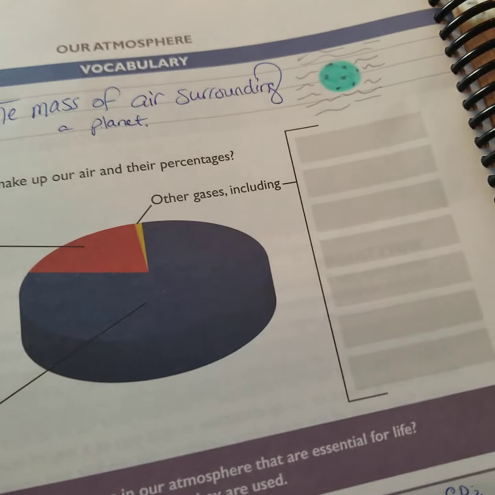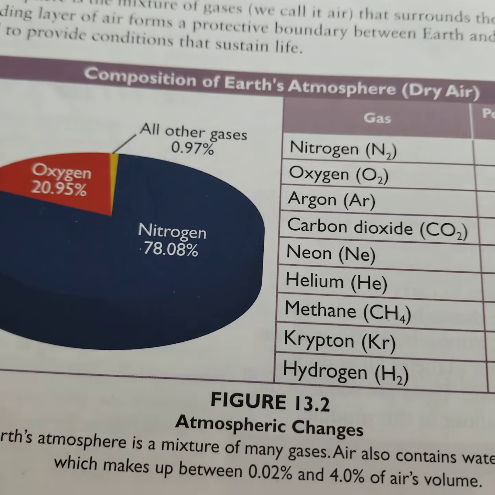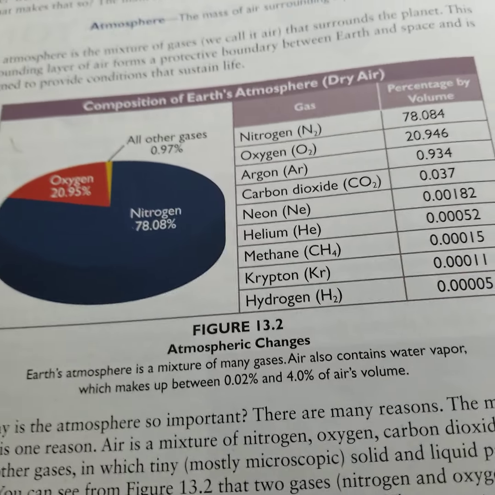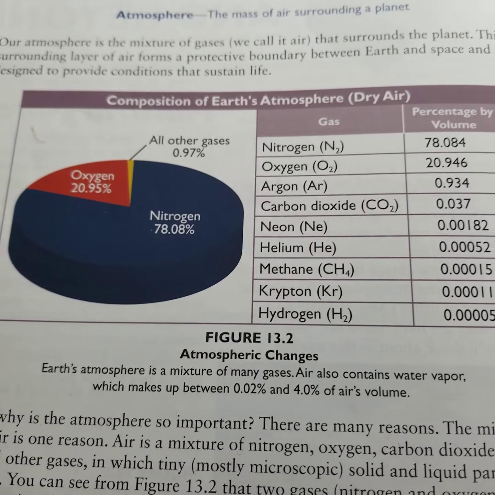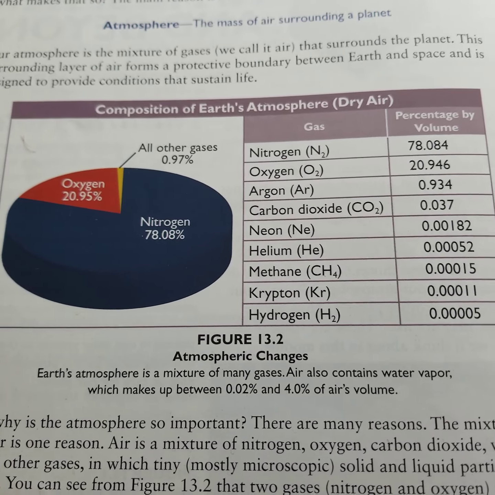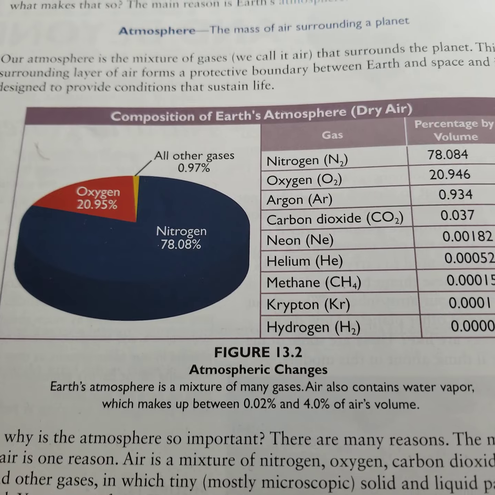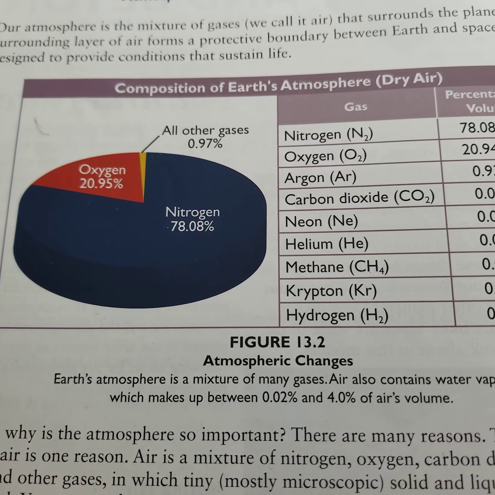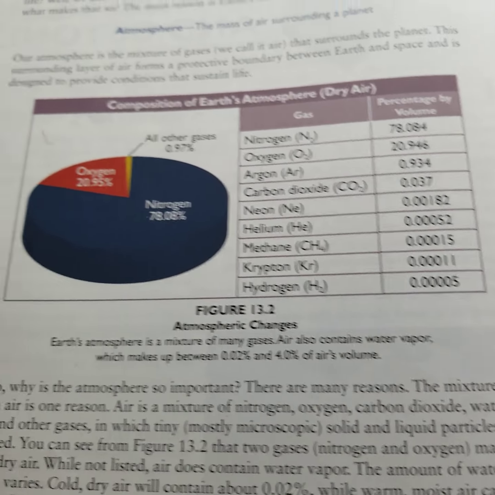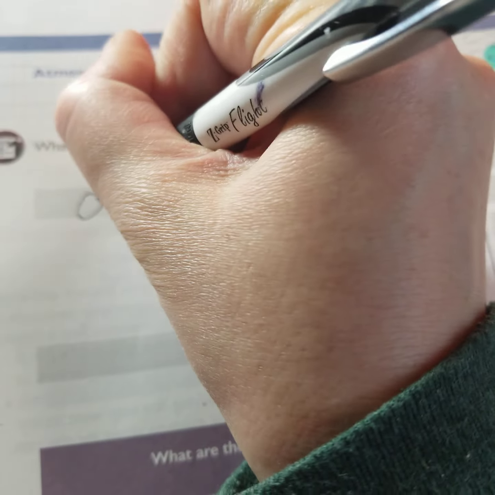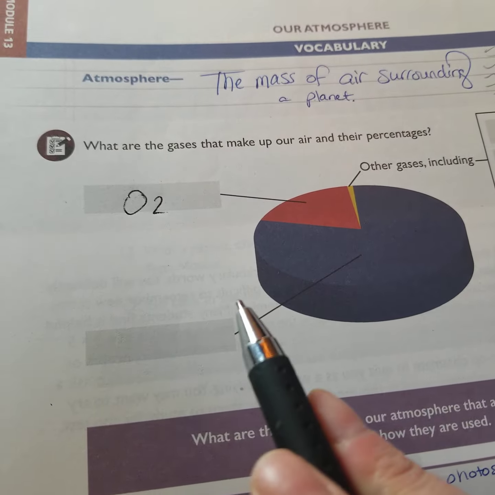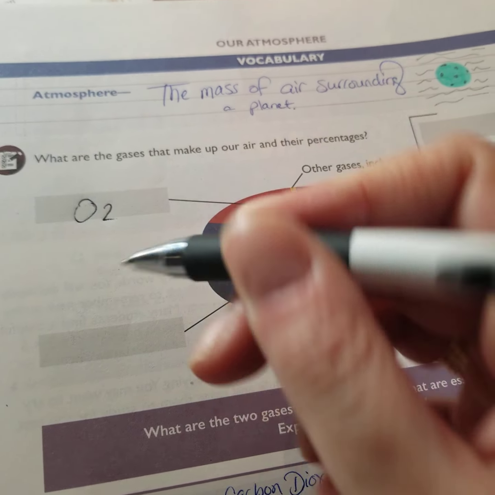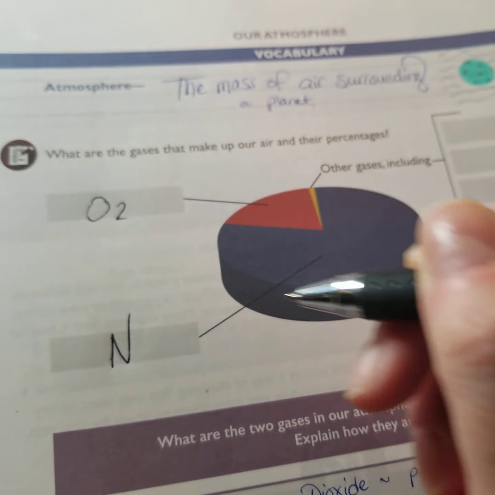All right, this next one has lots of holes, and all of the answers are right here on page 468, in the actual text. We have oxygen, which is O2. We have nitrogen, which is N2.